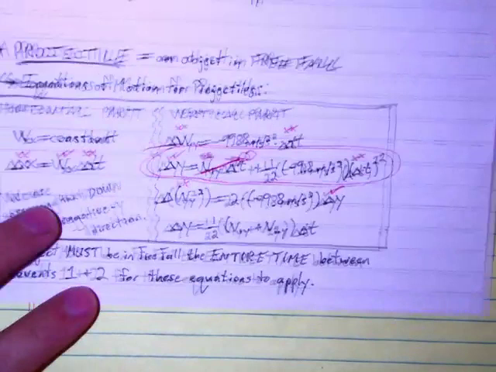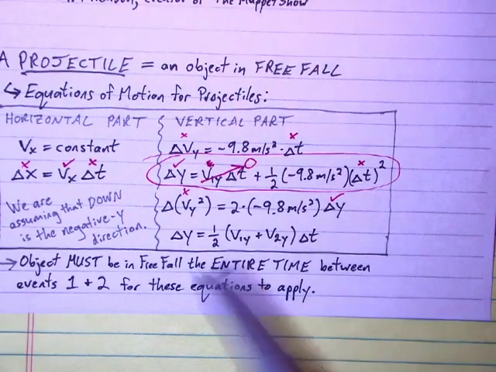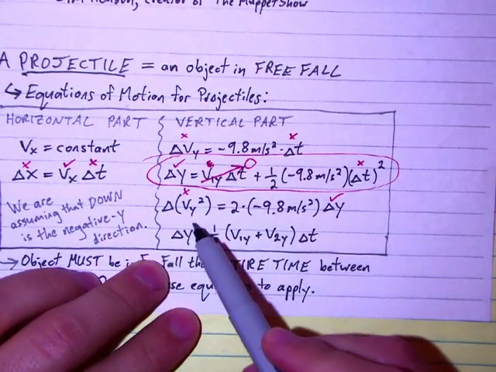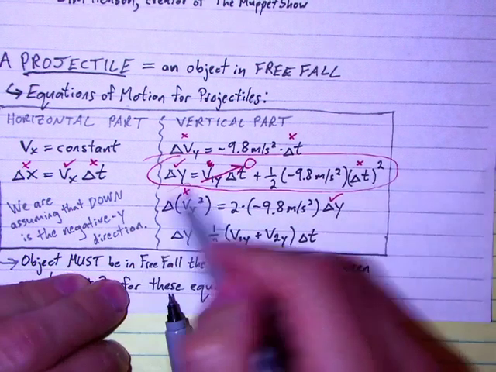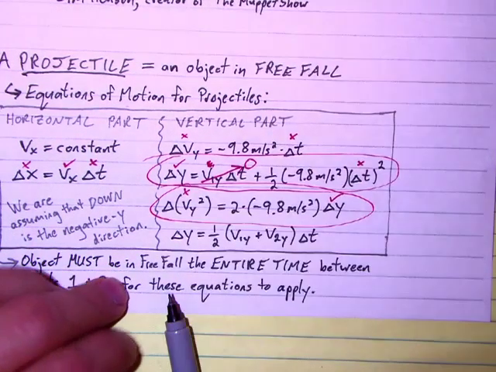Part 2 is to find the angle. Looking back at our equations, to find the angle, we will need to know the y component of the final velocity. And we can get that from this equation here.